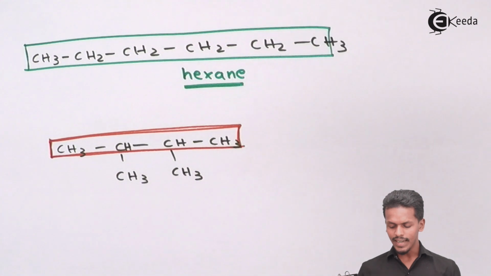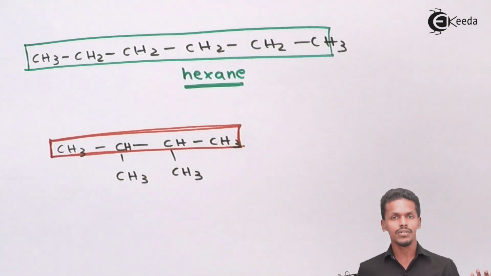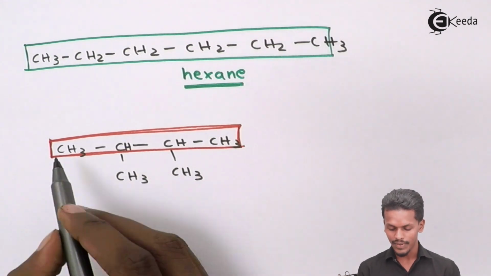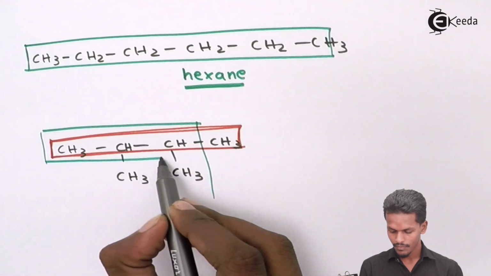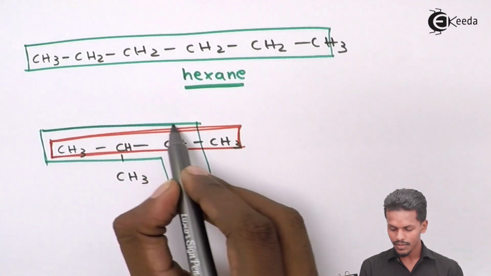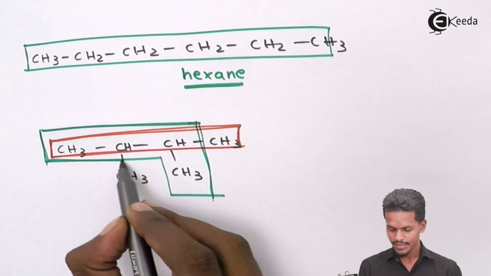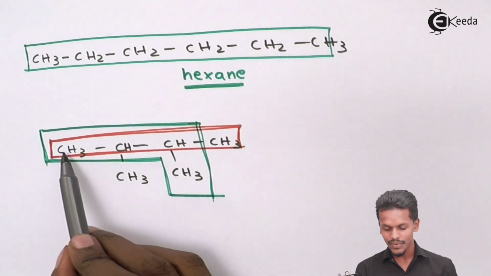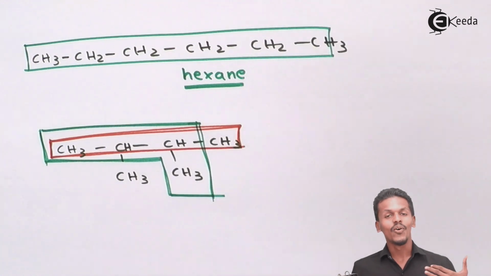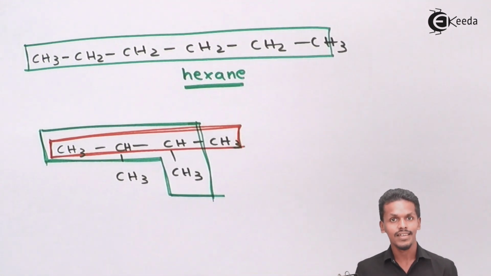But moreover, we could see that if I choose the longest continuous chain in this manner, I could choose it in this manner also, where I could say 1 2 3 and 4. Again 4 carbon atoms are in a straight chain.